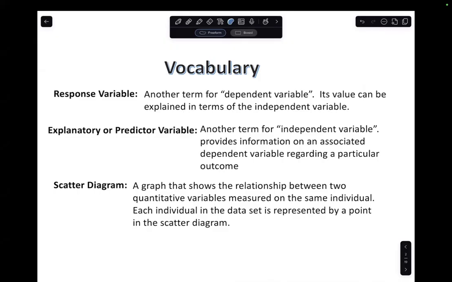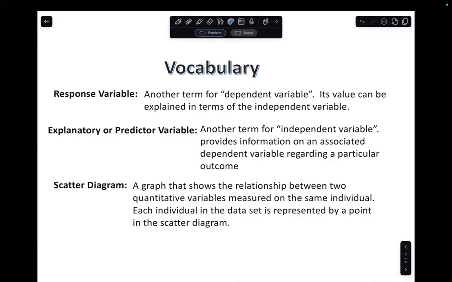So for example, if we're talking about miles per hour, if no hours pass, you don't go anywhere. Therefore, miles would be my response variable, and hours is my explanatory or my independent variable. So the one that is caused to happen or caused to change is your dependent variable.